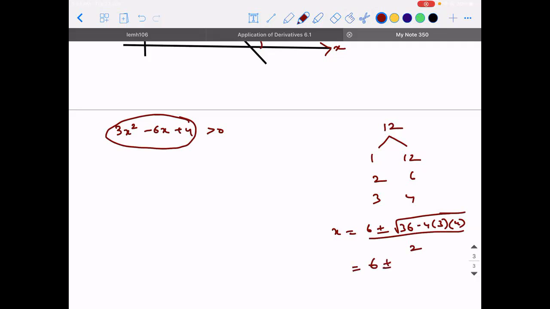So 6 plus or minus root of, how much are we getting? 36 minus 48. 48 divided by 2. So you're getting a complex number. One minute. So had it been equal to 0, there is no real value of x for which it is going to be equal to 0.